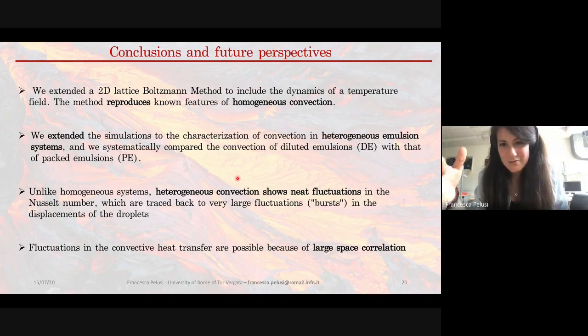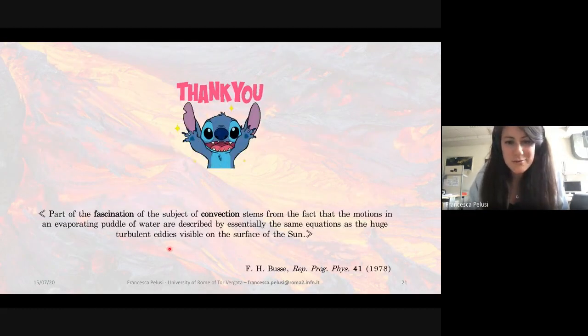And these fluctuations are strictly related to the large displacement of the droplets. And this was also confirmed by the correlation functions that give us evidence about this large spatial correlation between the droplets. So thank you for your attention.